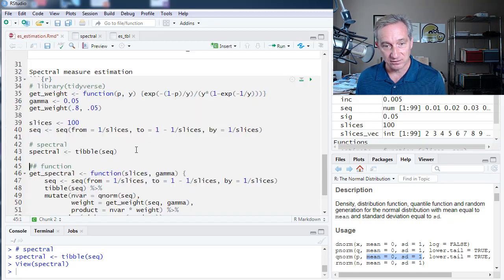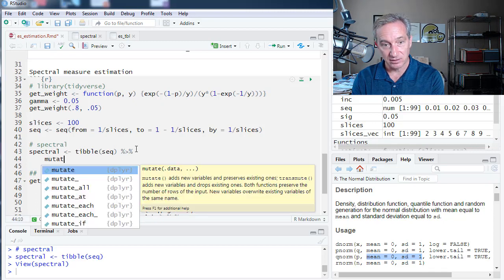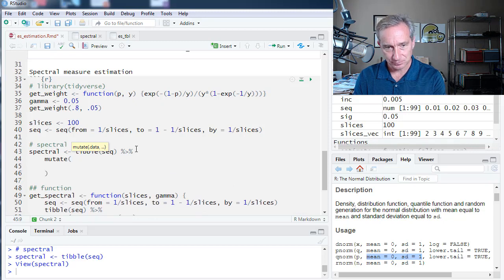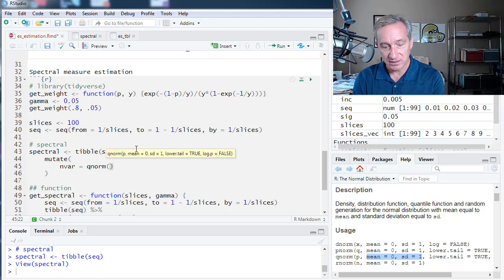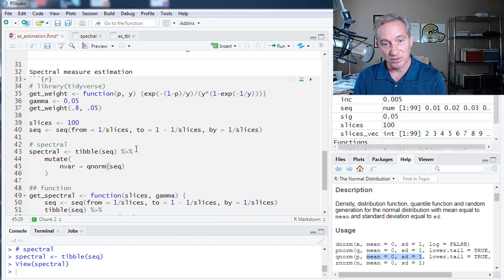because we happen to have 100 slices. So I'm going to take that tibble and add some columns with the mutate command, including what I'm going to call nvar, which is that same command where I retrieve the quantile based on sequence, which in each individual instance will be the confidence level.